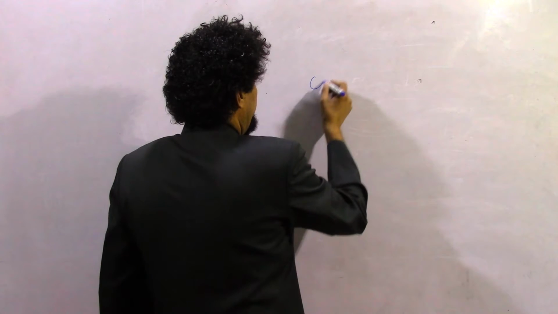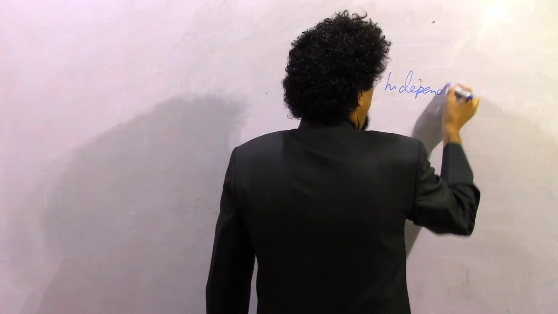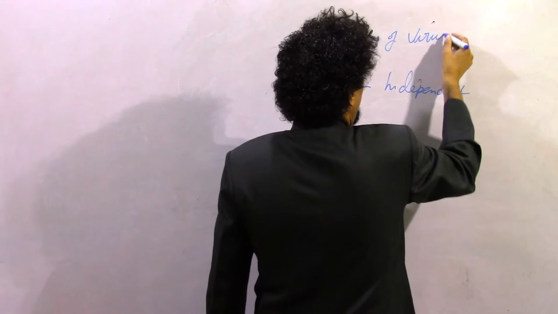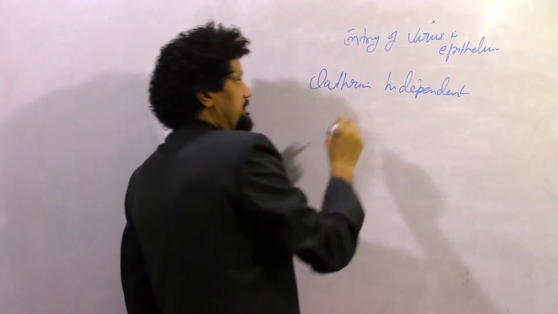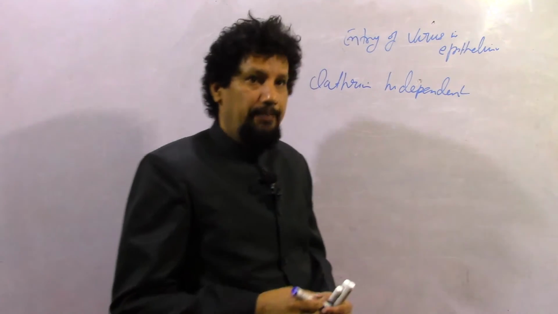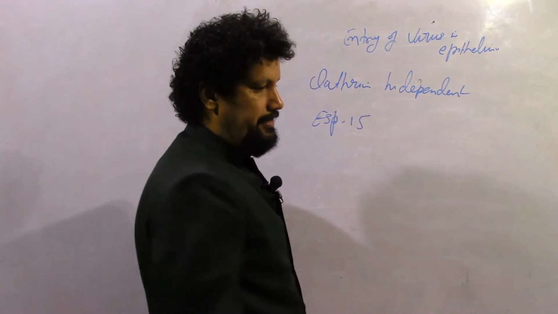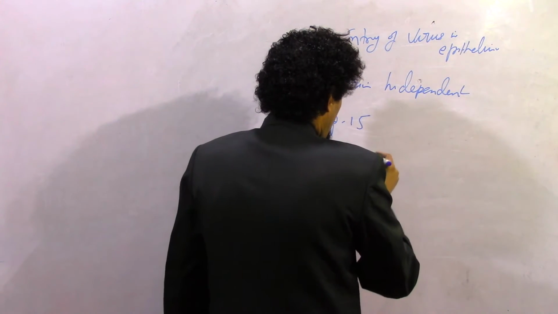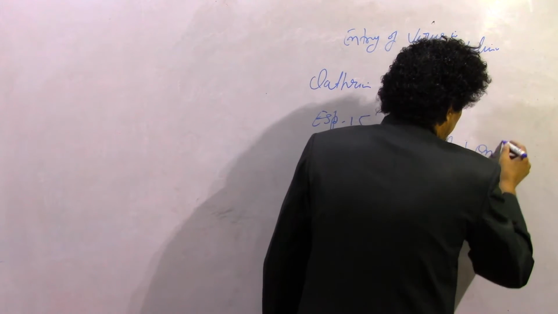This entry is clathrin independent, but it is Eps15 and dynamin dependent endocytosis.